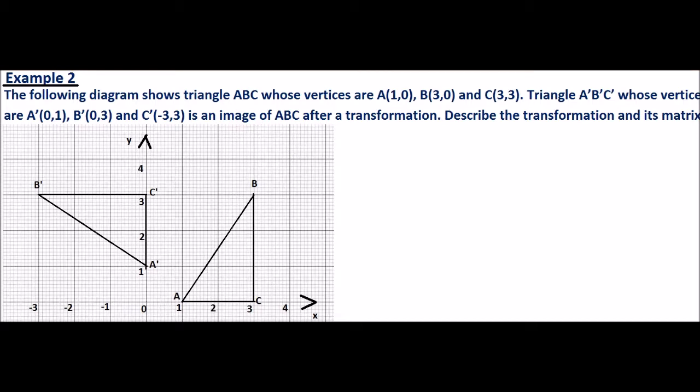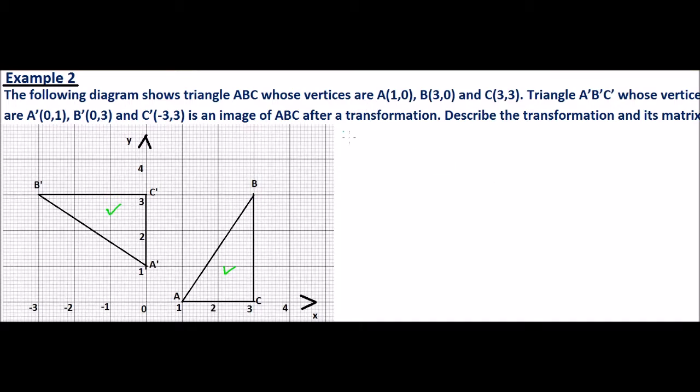So the first thing we do is we observe our two diagrams. This is the object, and this is the image. If you look at A, it has been transformed from this point, that is (1, 0), to (0, 1). You can say that this is a rotation. The same case applies to B. It has been rotated through a positive 90 degrees.